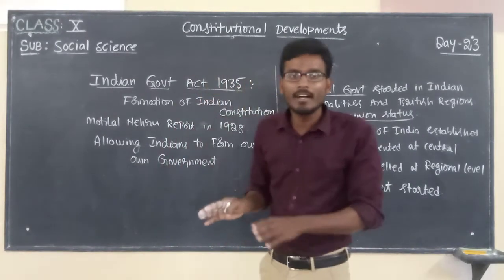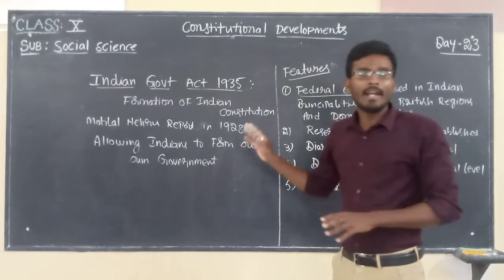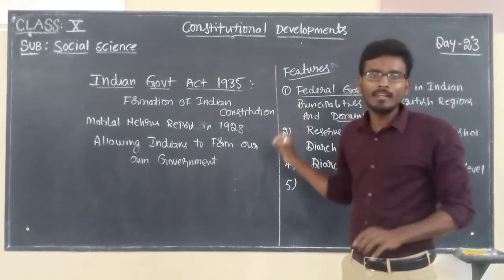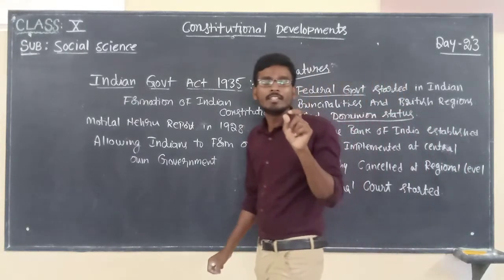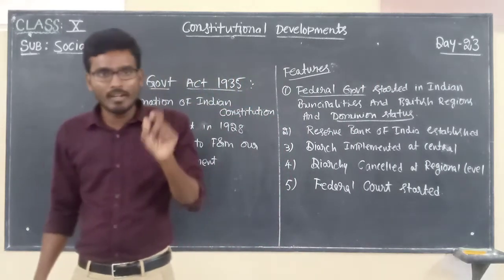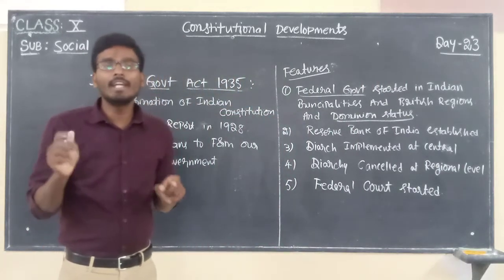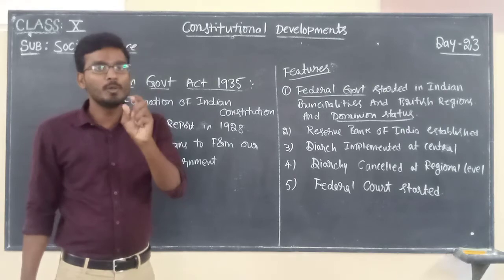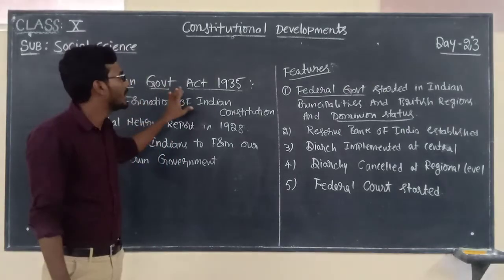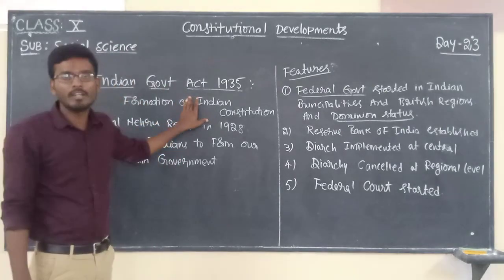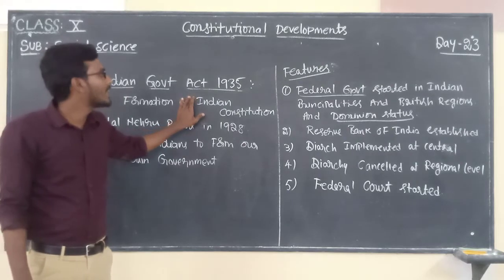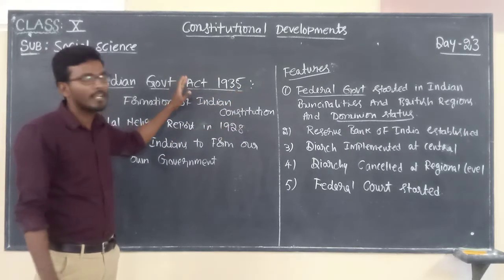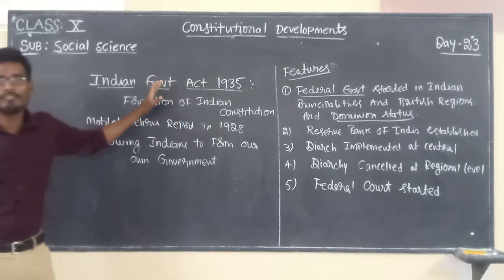So these are the important provisions under the Indian Government Act 1935. See, which act is the base for formation of the Indian Constitution? You have to write Indian Government Act 1935. So, my dear children, these are the important features of Indian Government Act 1935.